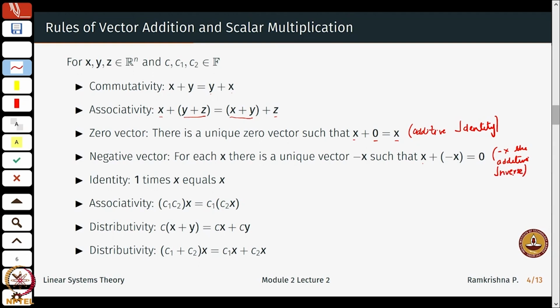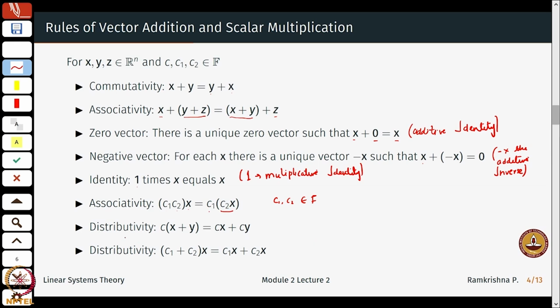Then there is also something called the element 1, such that 1 times x will give me back x. This 1 is called the multiplicative identity. Then a few other properties follow. If I take two elements c1 and c2 belonging to the field F, then multiplying c1 with c2 times x gives the same as doing c2 times x first and then multiplying by c1.